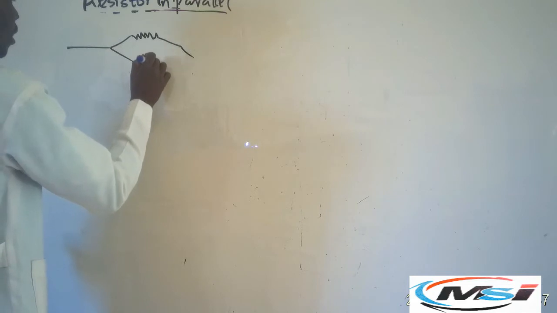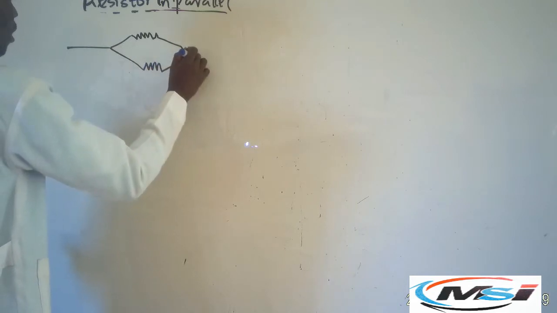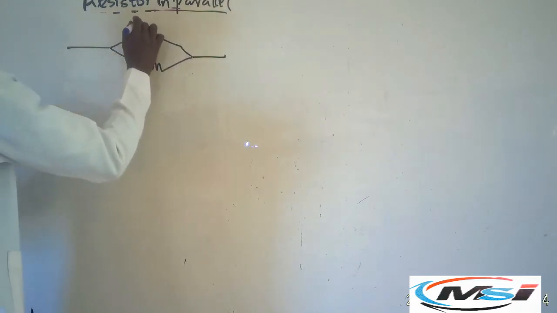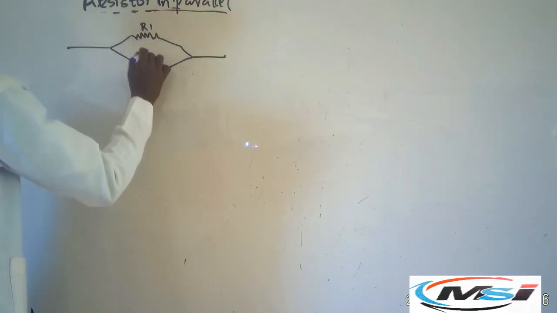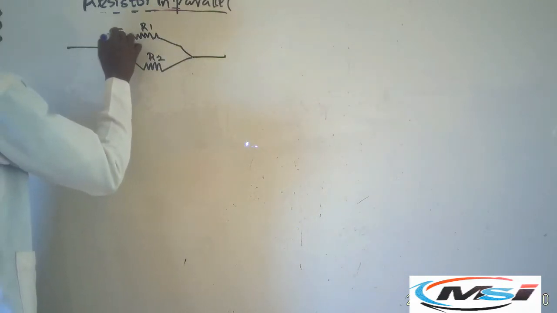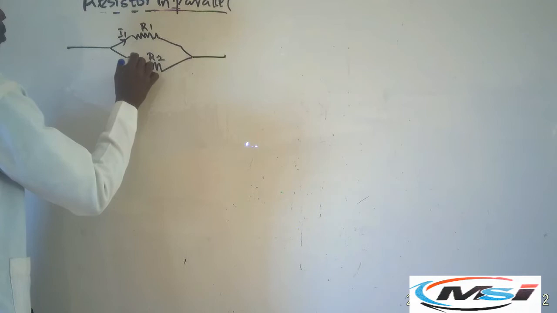Pardon me with my drawing. We have R1 and R2, with I1 and I2.